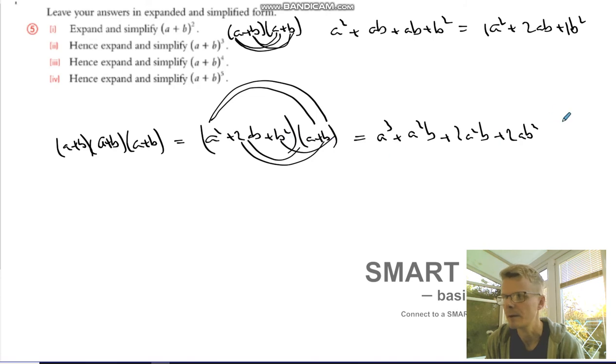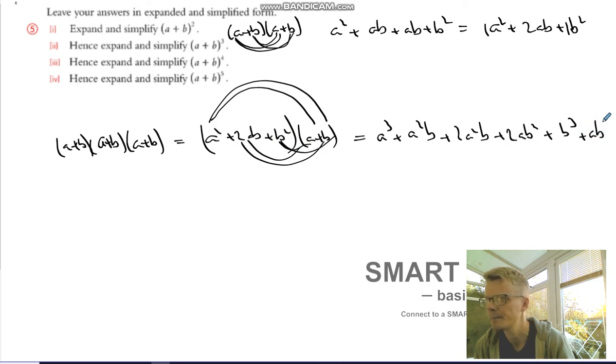And then finally got b squared times b, which is b cubed. Okay, so looking through these then at the pattern that has formed, I feel like I've missed a term. Oh yeah, I didn't do b squared times a, which gives us ab squared. There we go.